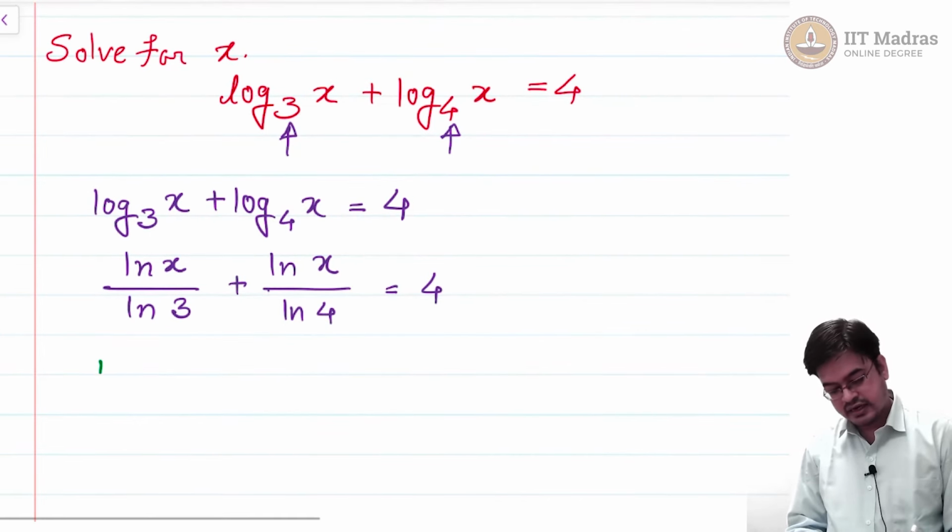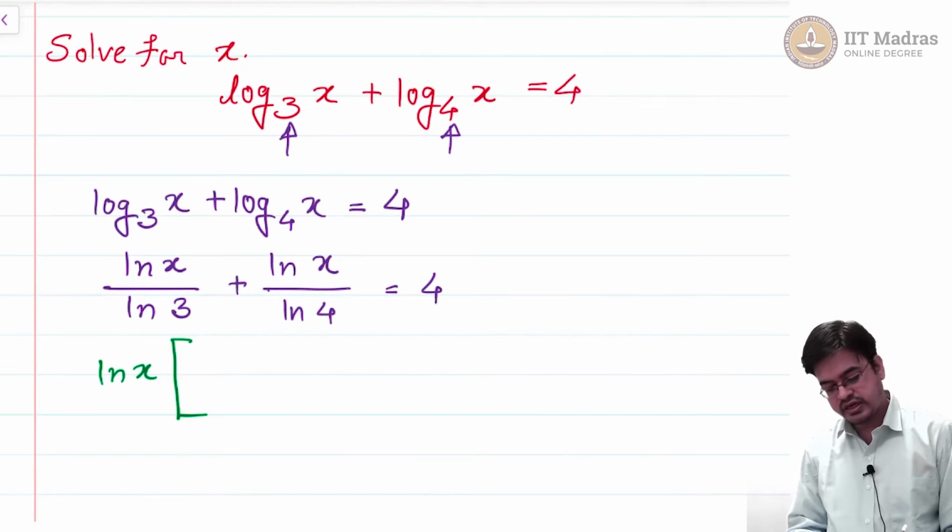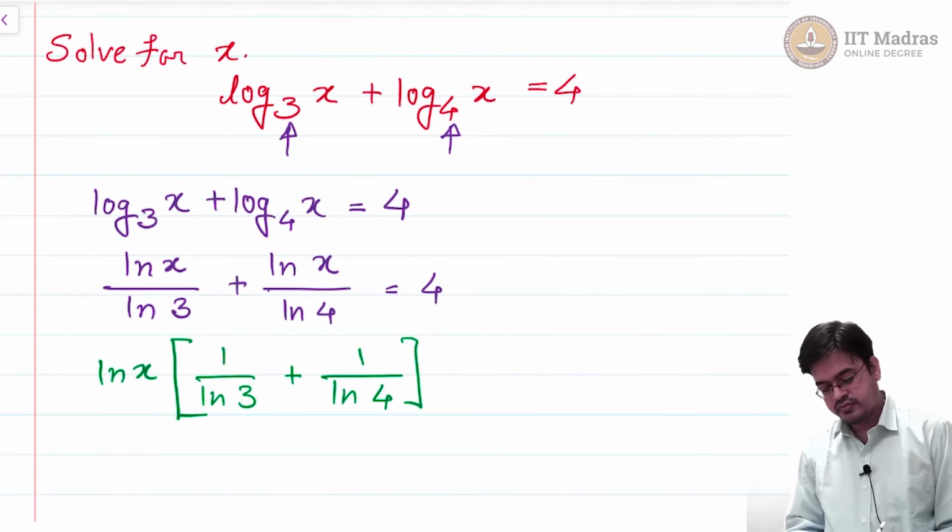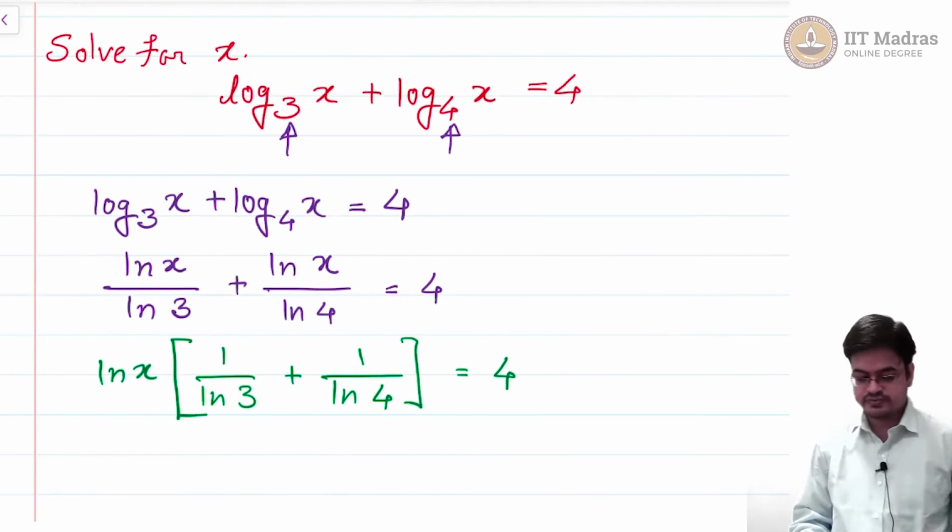So ln of x is taken in common and therefore I have 1 over ln of 3 plus 1 over ln of 4 is equal to 4.